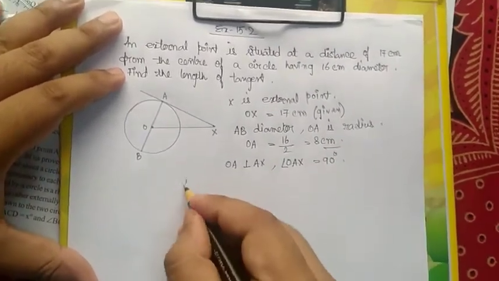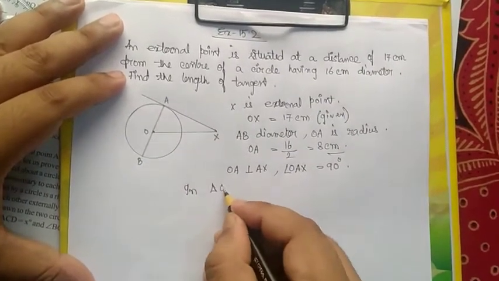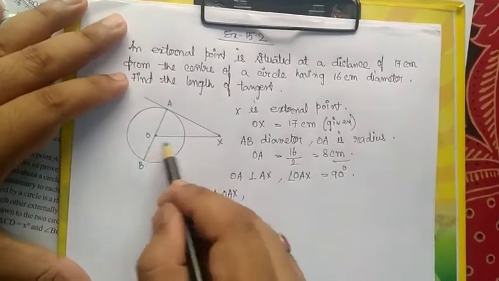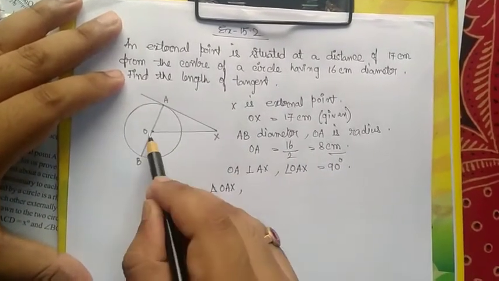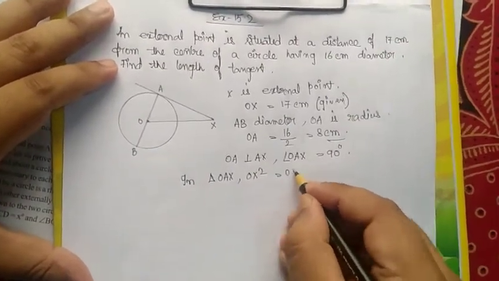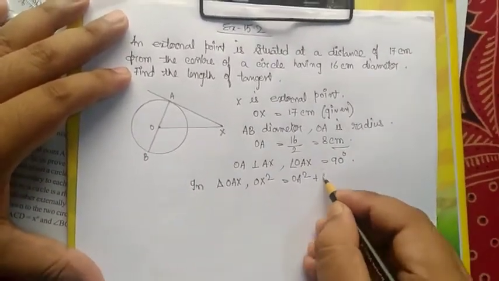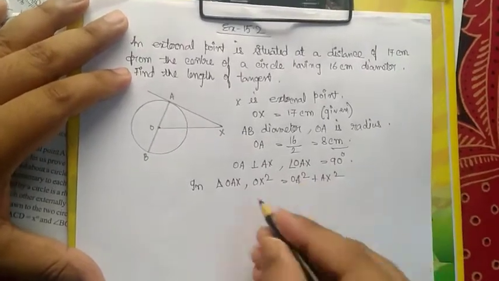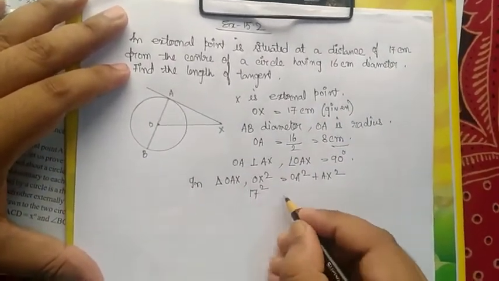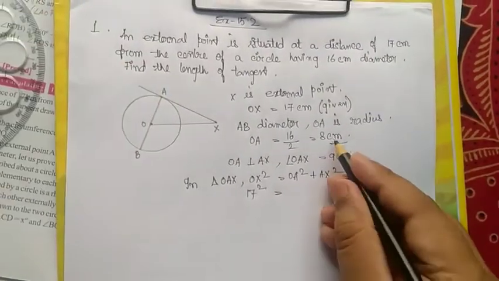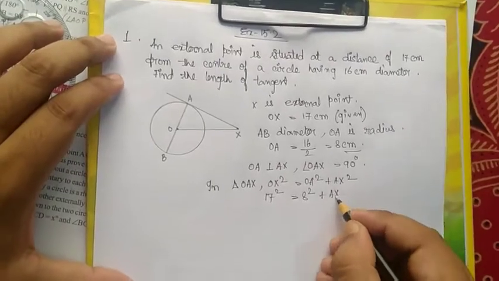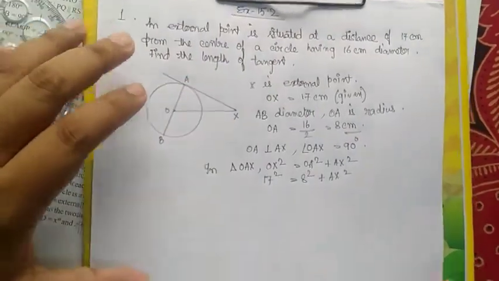So in triangle OAX, from Pythagoras theorem, we know OX is the hypotenuse. So OX square equal to OA square plus AX square. We know the value of OX, 17 centimeter. So 17 square equal to, we know the value of OA, 8 centimeter, 8 square, plus AX square, and we have to find the length of the tangent.